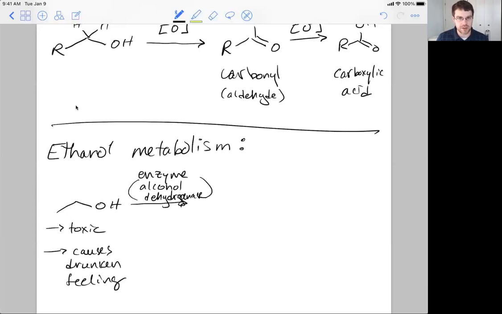When you consume ethanol, to avoid succumbing to alcohol poisoning, your body starts to metabolize it, break it down so that it can be properly excreted. The interesting thing is that the first step in the metabolism involves the oxidation of ethanol to this aldehyde, acetaldehyde.